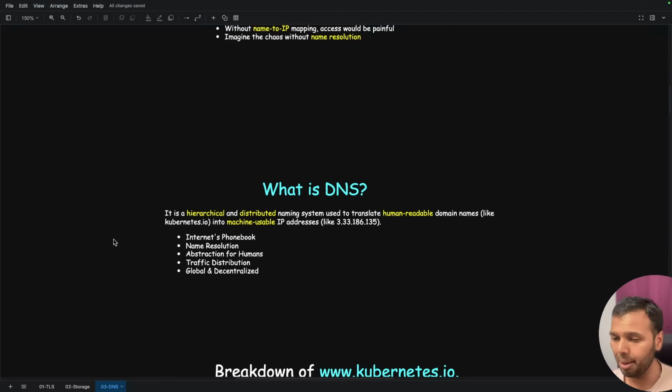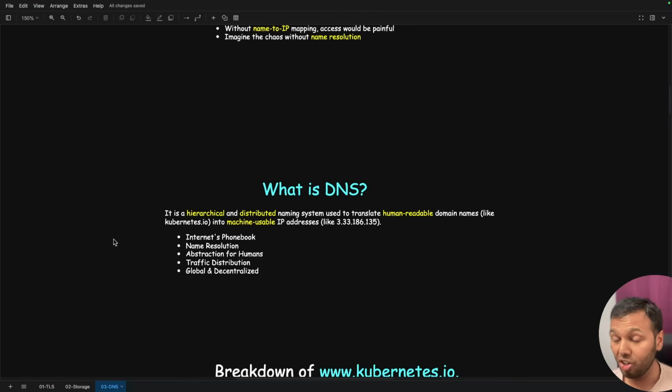Second is name resolution. It converts names like docs.kubernetes.io into actual IP addresses your device can connect to. Abstraction for humans: you do not need to remember numeric IPs, just use easy to recall names.